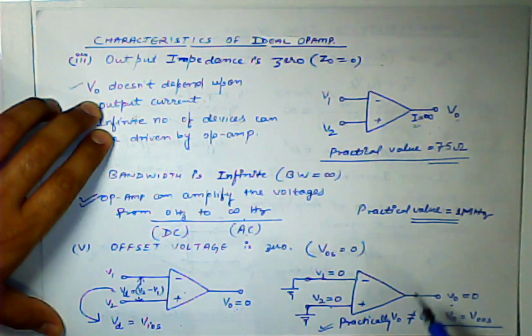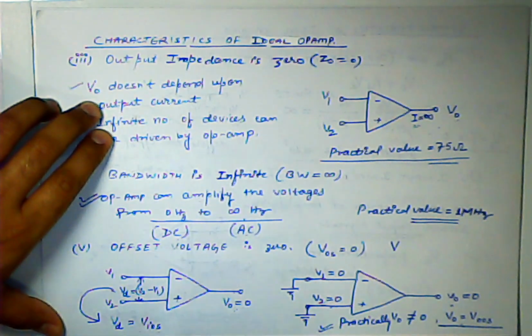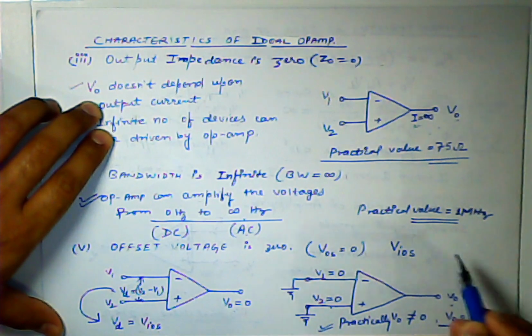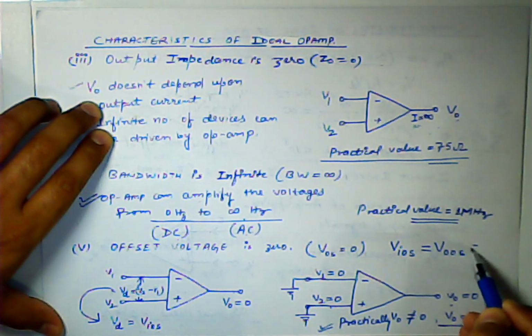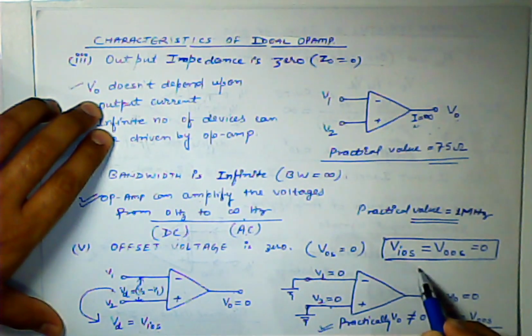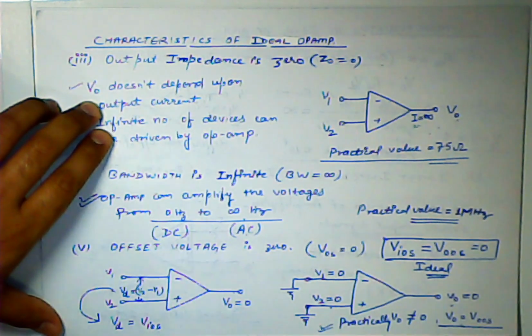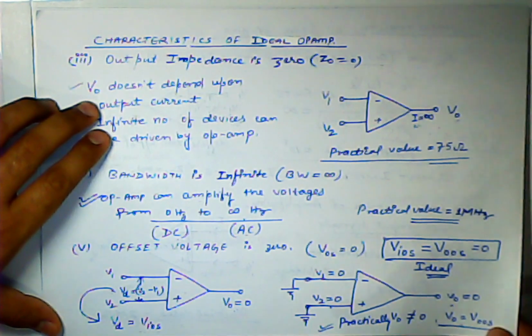But ideally, input offset as well as output offset both are 0. So in the ideal condition, both are 0. So this is the fifth characteristic of the op-amp.